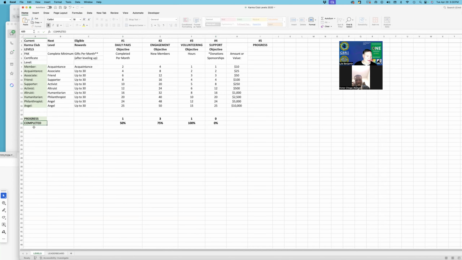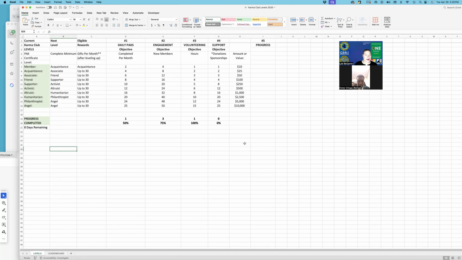And then this one, you can say 0%. Another thing that's on there is, let's say, it can say 8 days remaining in the month. So this is a progress bar that's in people's profile. Progress completed, 8 days remaining.